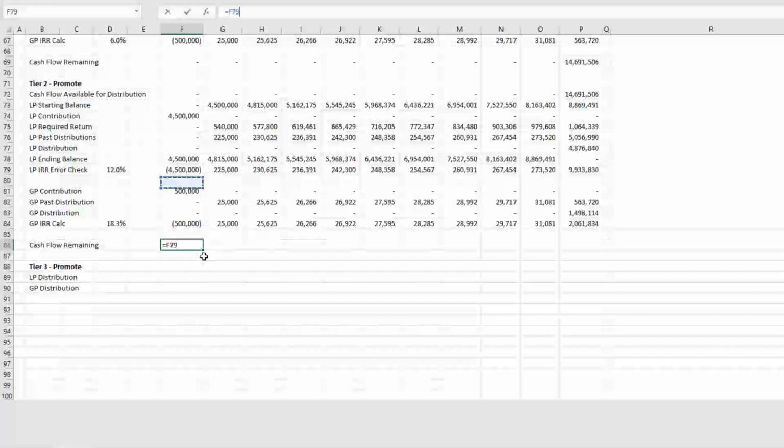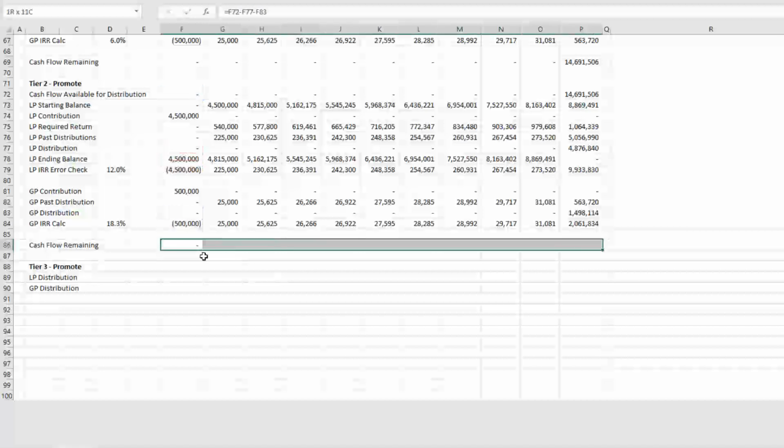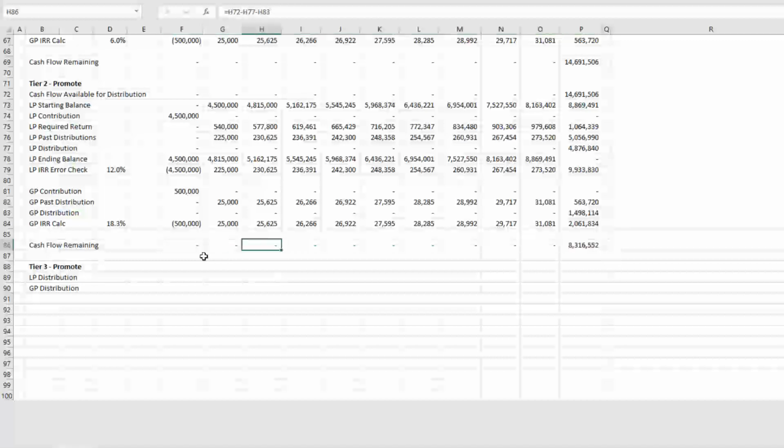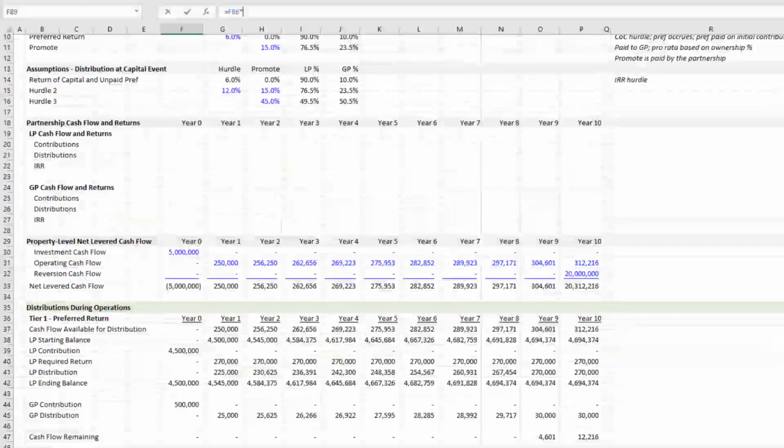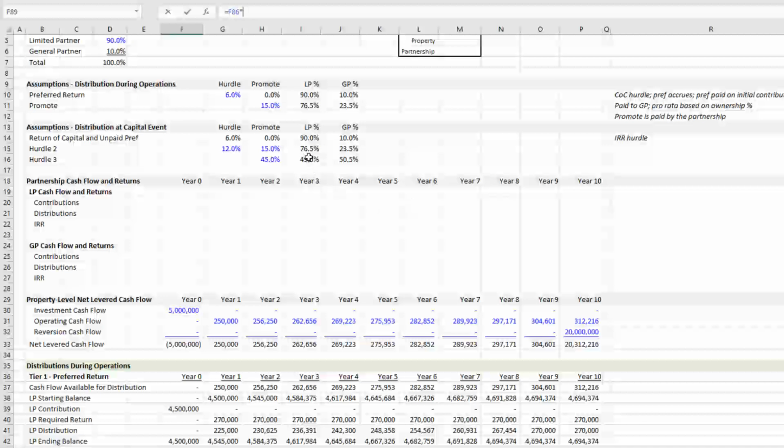Now, there's some cash flow remaining. What is it? Well, it's the cash flow available for distribution in this tier minus distributions made to the LP and the GP in this tier. Pull it out to the right, and you'll see there is 8.316 million remaining, and the last tier is the easiest. For the LP, it's any cash flow remaining multiplied by the LP's distribution percentage in this tier, 49.5%.